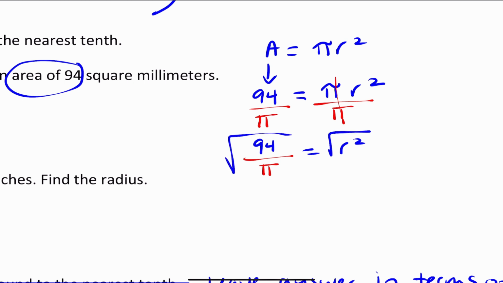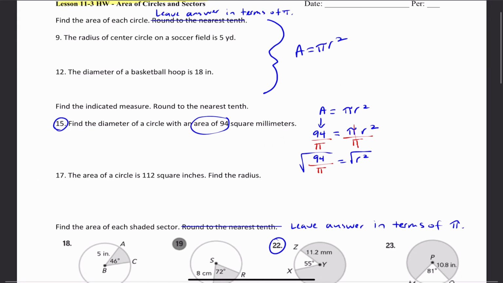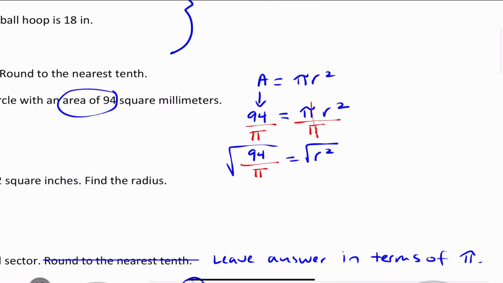So I'm going to input the square root of 94 divided by pi using my calculator here. And this is round to the nearest tenth, okay? So my radius is approximately 5.5. So the diameter is approximately 5.5 times 2, which is 11.